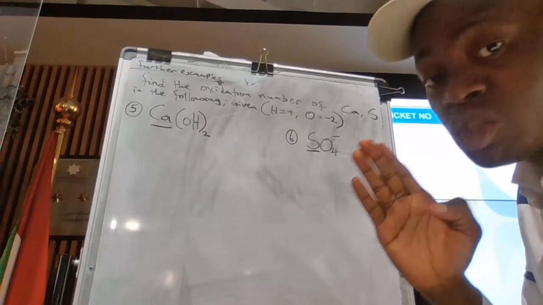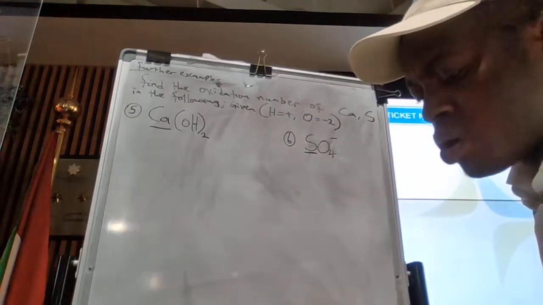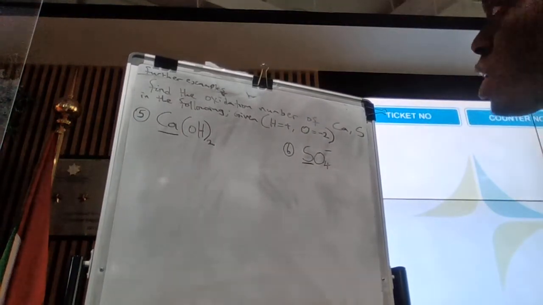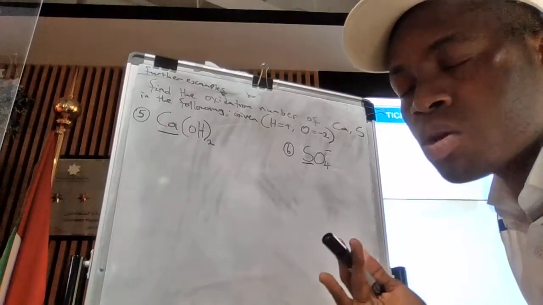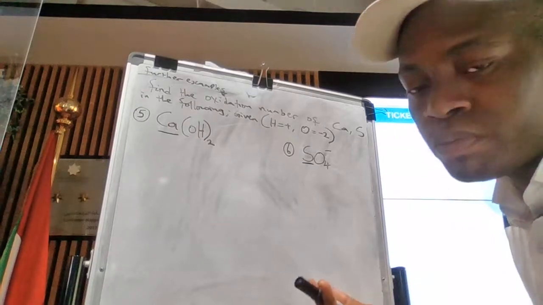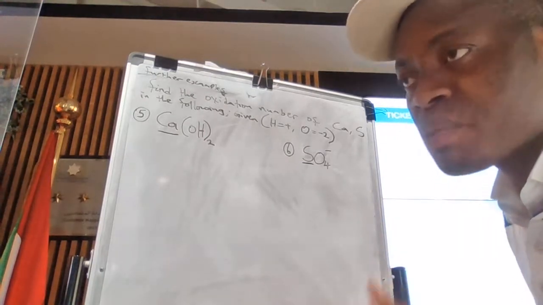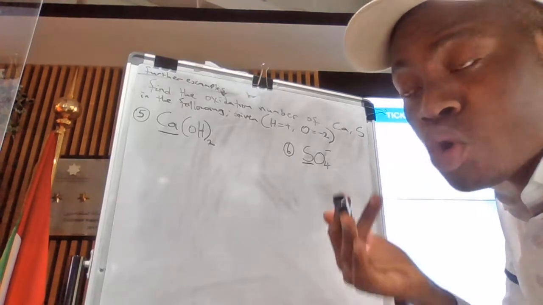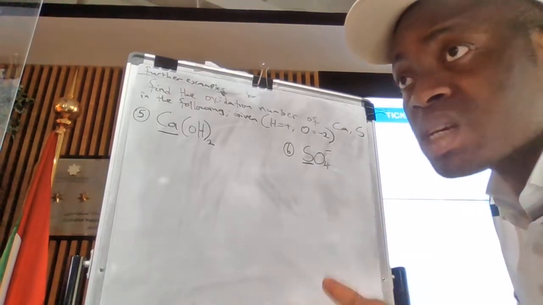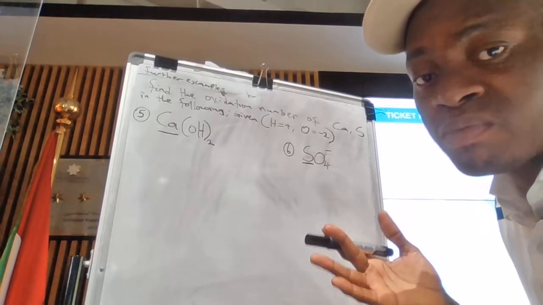You have to note the oxidation numbers of the elements in all these groups. Because some of the oxidation numbers of some elements will be given in the question, so you don't need to panic. But what about a situation where they are not given? You should be able to know the oxidation states of metals.